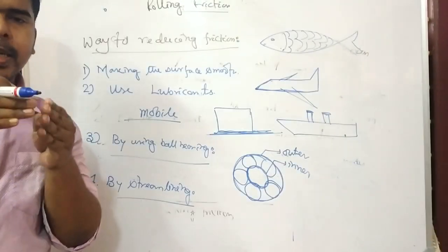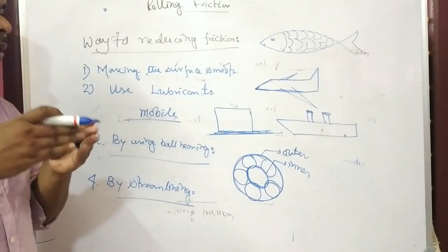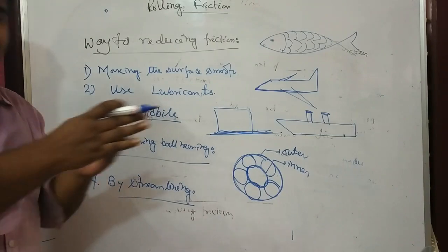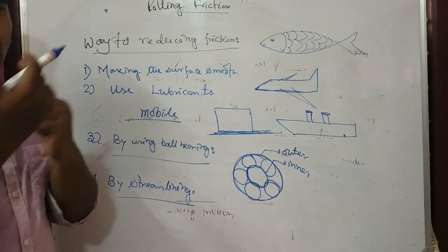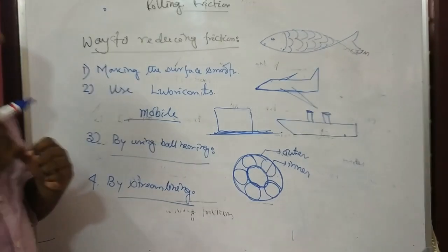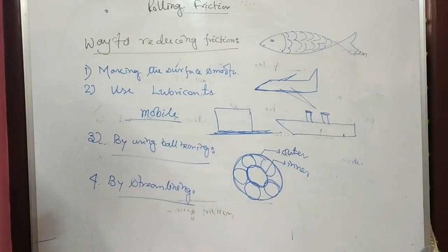The pointed surface decreases the resistive force given by the air or the water, and then it can move. I have given simple examples so that you can understand.